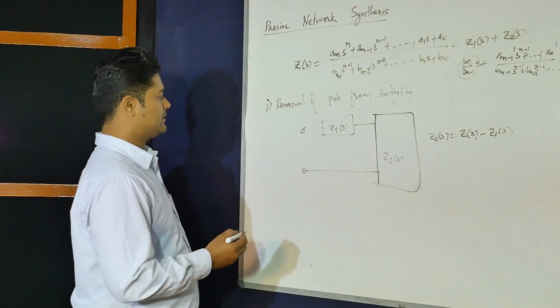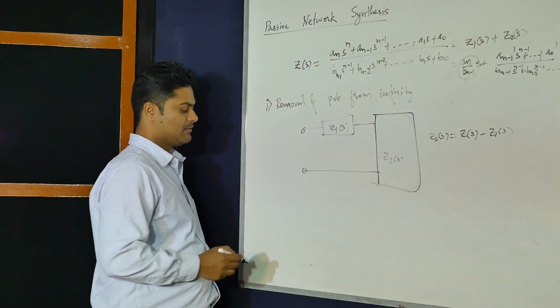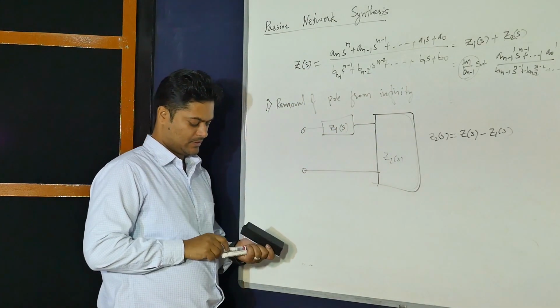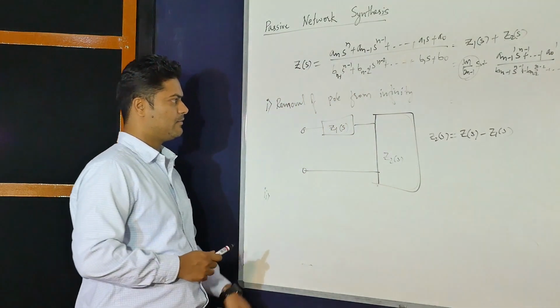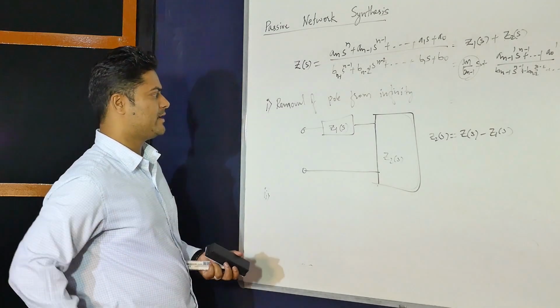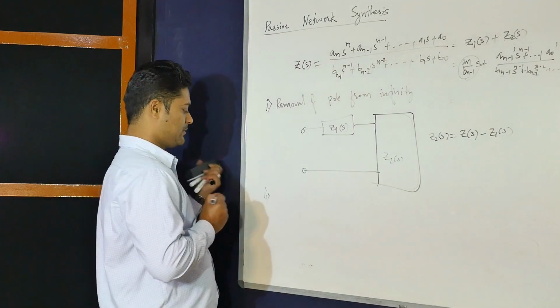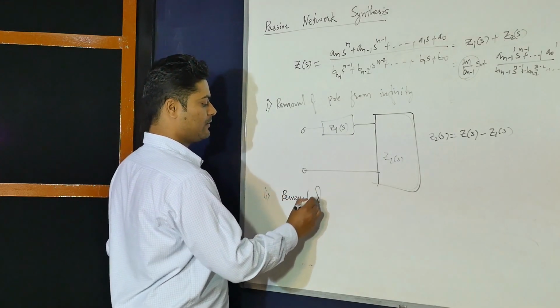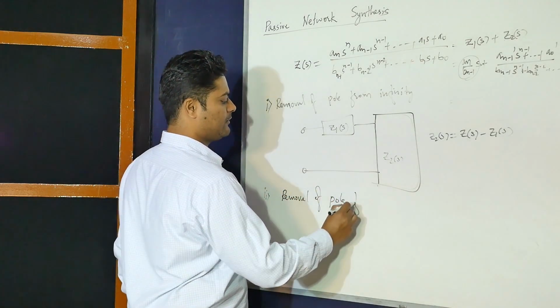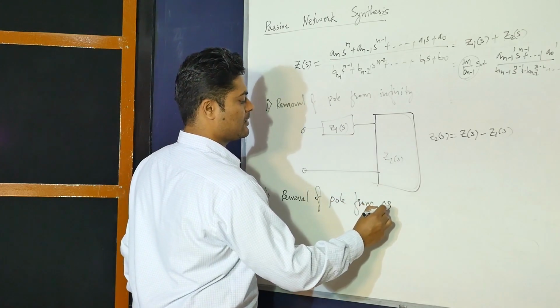So the next method in which you can synthesize a network is by removal of pole from origin.